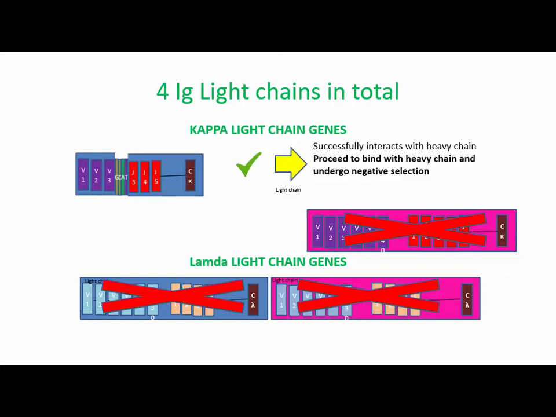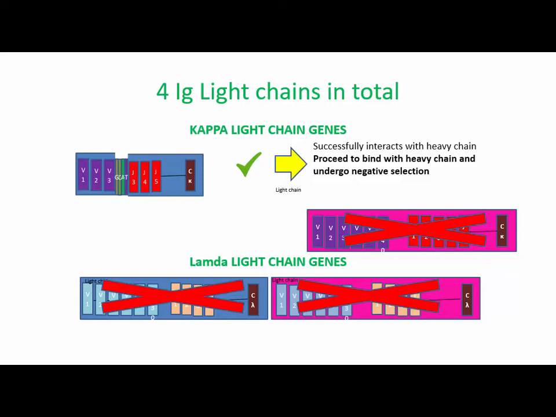And what that B cell will then do is go through positive selection and negative selection. Positive selection to check that it's able to respond to antigen, which we've just done. And the negative selection is to ensure that what we've just created does not respond against self-antigen. Okay? So that's what will happen.